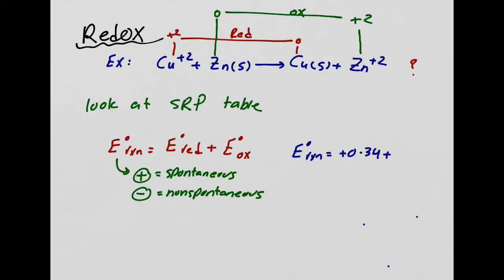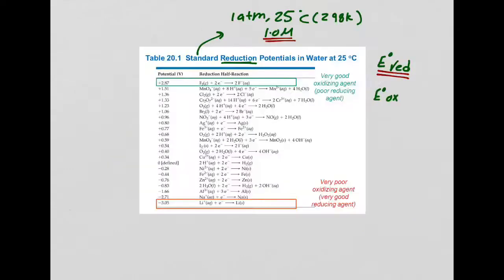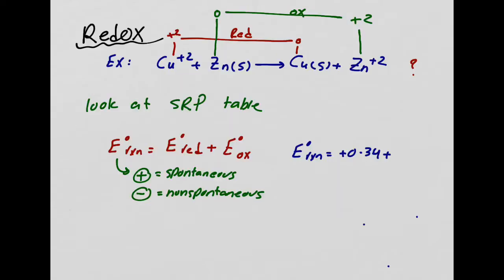So all I have to do is flip this, and because I flipped the equation, I have to flip the sign. So for oxidation, you have to flip the sign. So it would be plus 0.76. If I add up all this together, I get 1.10 volts.